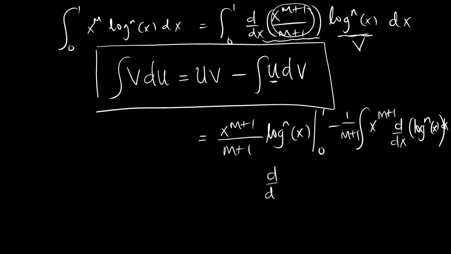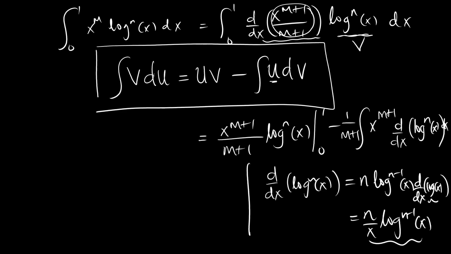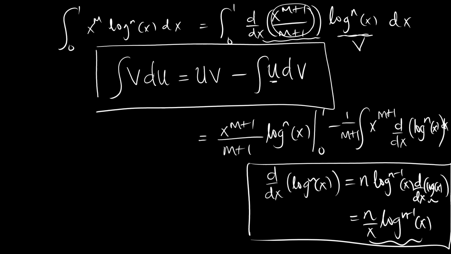The derivative of that is the same as n log to the n minus 1 of x times the derivative of log x, and this here is 1 over x, so this is the same as n over x log to the n minus 1 of x. Okay, so let's just box that for now.